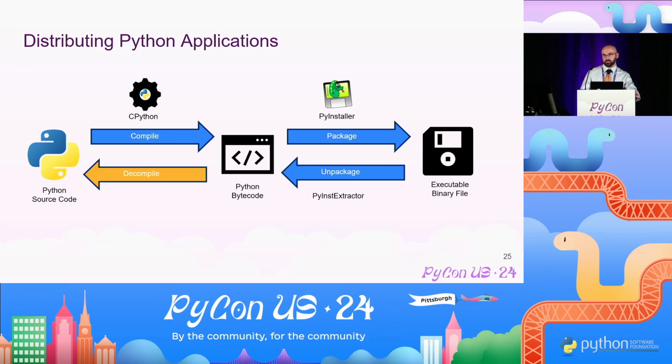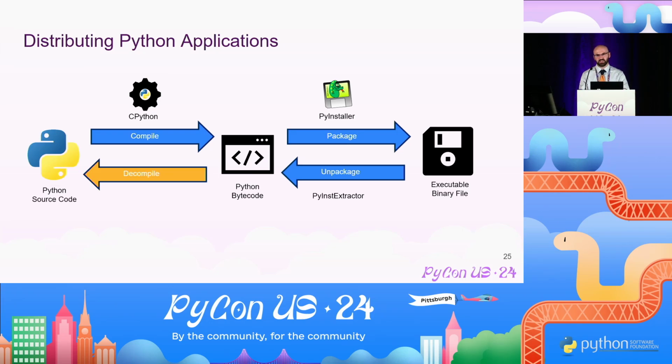And when you're distributing a Python application, unless you are working in open source, where you can just send people your .py files, if you want to send out some executable file, or you want to hide your source code in some way, I guess a notable example here is the Dropbox client was distributed Python. You will compile it ahead of time and then package it with the interpreter with something like PyInstaller.